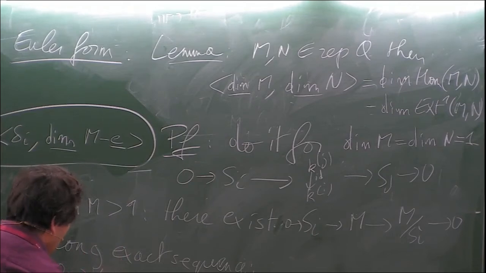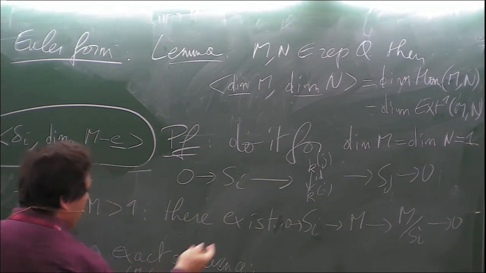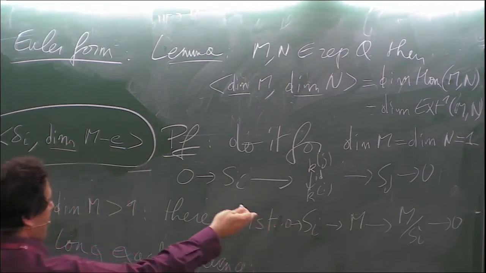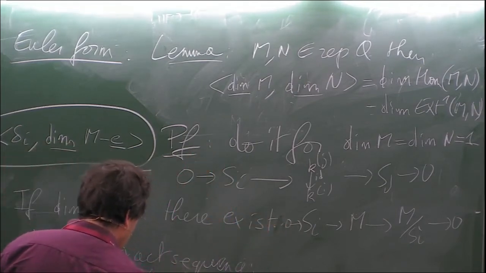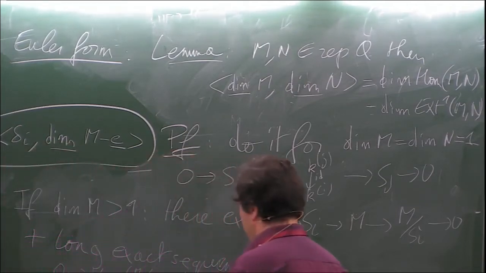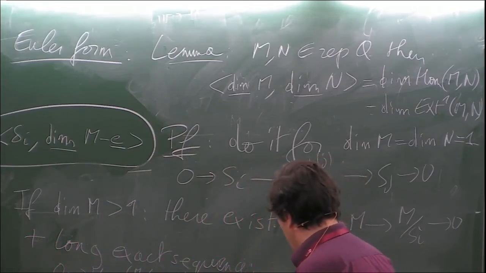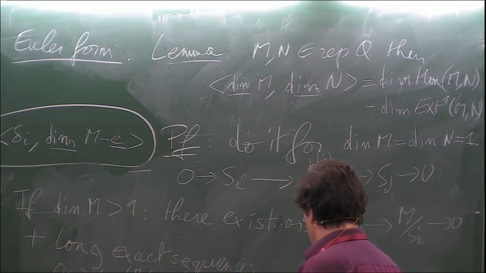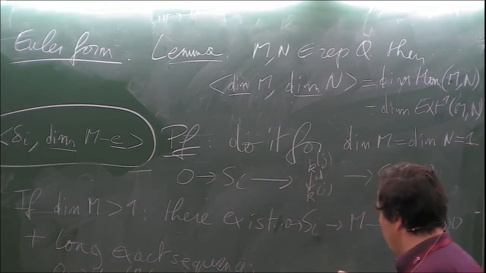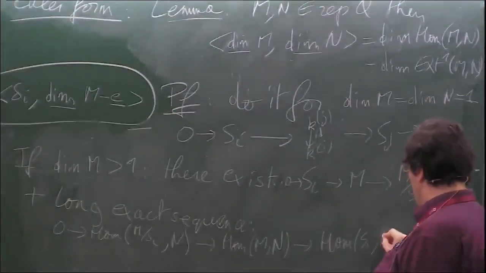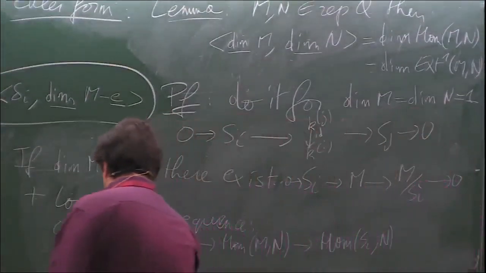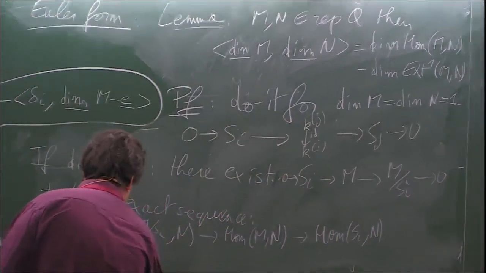You have 0, Hom of M over Si, no, not Si, N. I don't move my N. Then Hom of M, N. Then Hom of Si, N. Then the same thing with Ext^1.